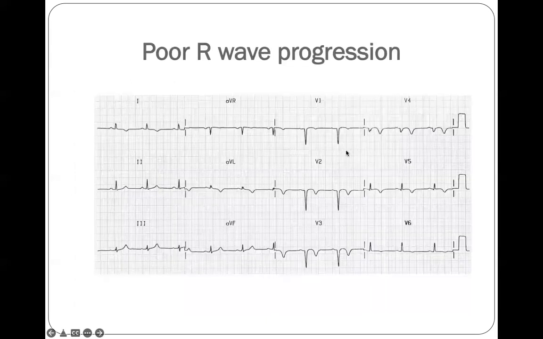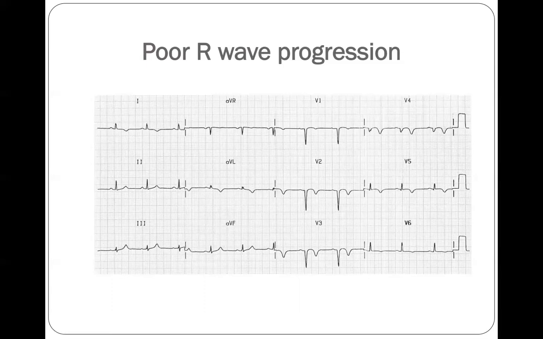What about this ECG? If you look here, there is very small R with deep S, also deep S, no biphasic waves, also deep S, no tall R. Here is the start of the R wave, and this is called the poor R progression, and this is very characteristic for heart failure with reduced ejection fraction due to ventricular dilatation and impairment of systolic function.